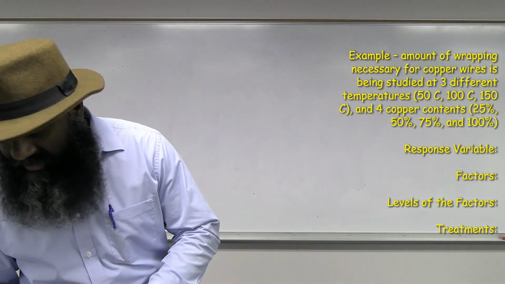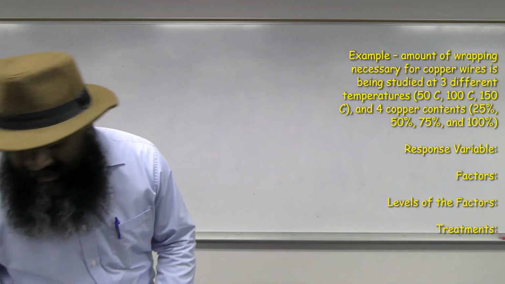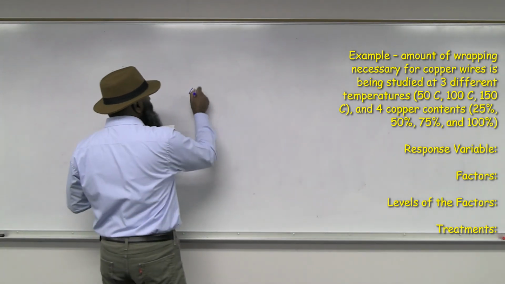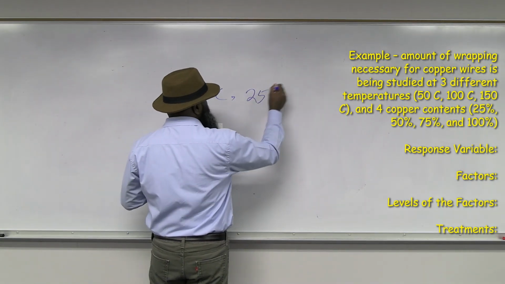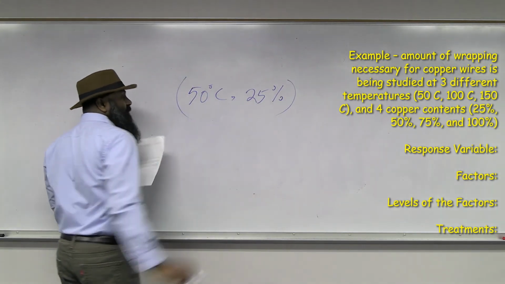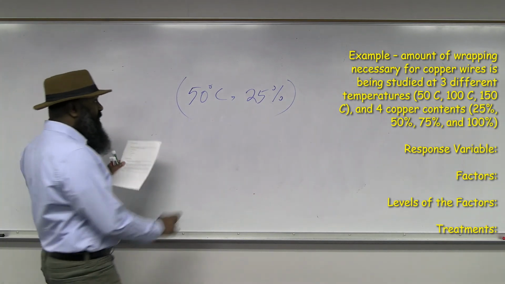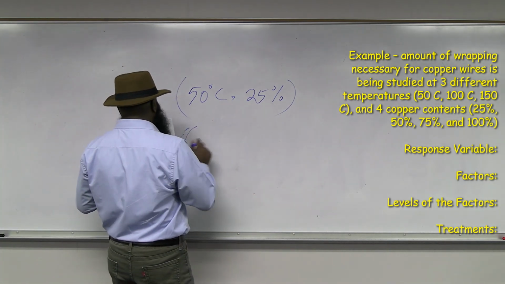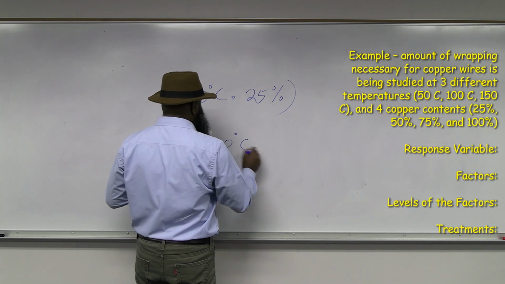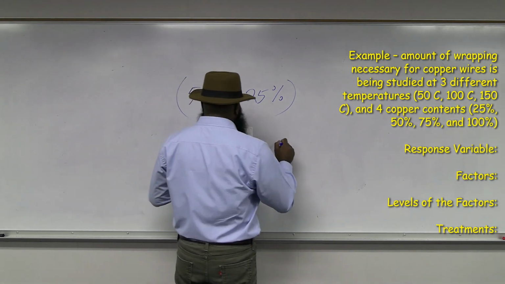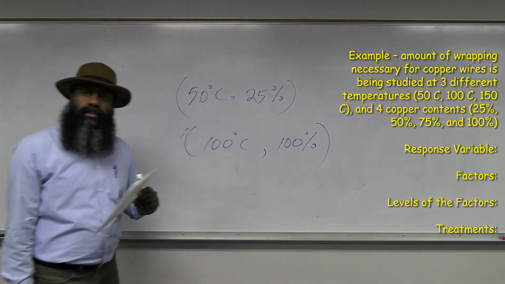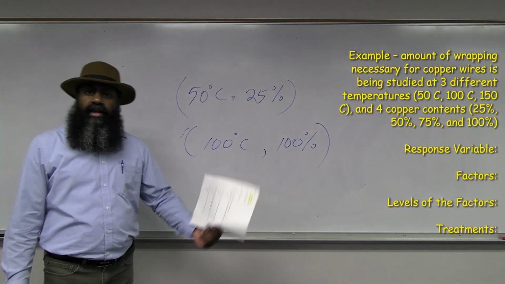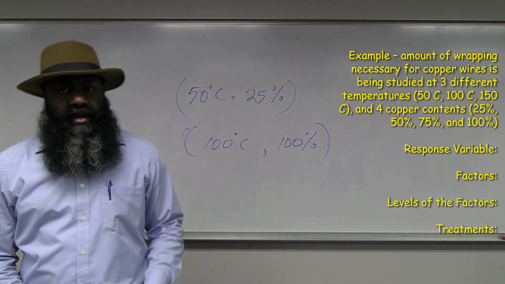One example for a treatment is 50 degrees Celsius and 25% copper. Another example for a treatment could be 100 degrees Celsius and 100% copper. Likewise, you can write down 12 possible treatment combinations.